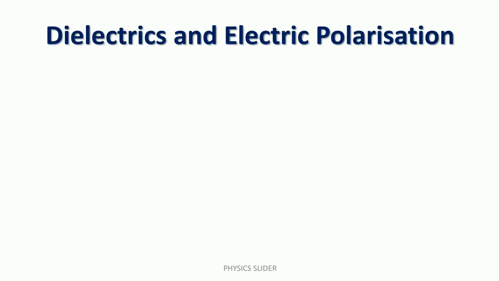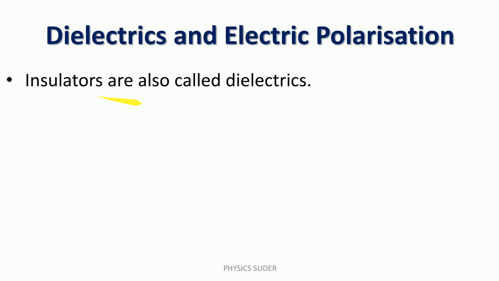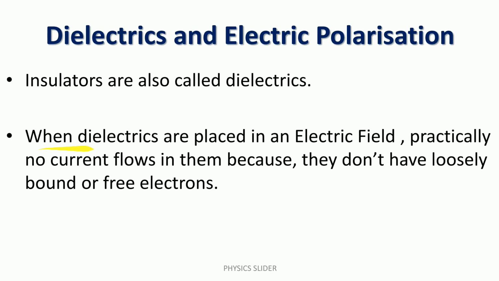Now we have dielectrics and electric polarization. What are these dielectrics? Dielectrics are nothing but insulators. Dielectric is another name for the insulator. Now, when dielectrics are placed in an electric field, practically no current flows in them.